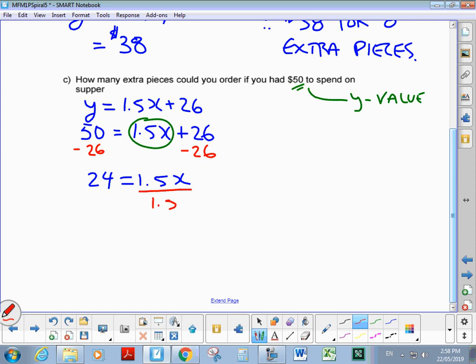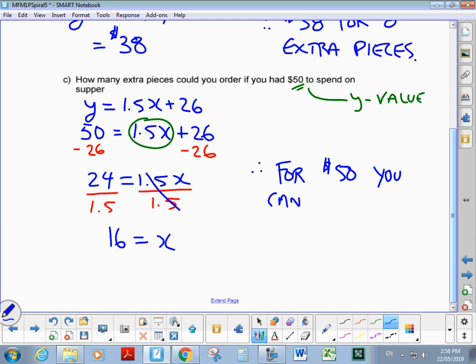So we divide both sides by 1.5. So that means that 24 divided by 1.5 means that you can get 16 extra pieces. So therefore, for $50, you can get 16 extra pieces.